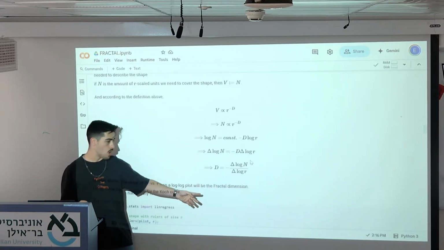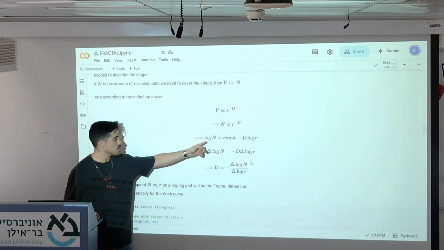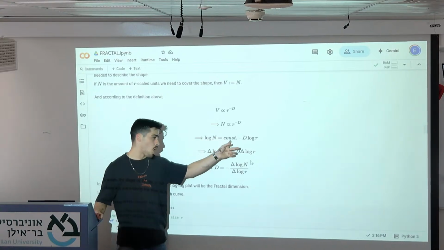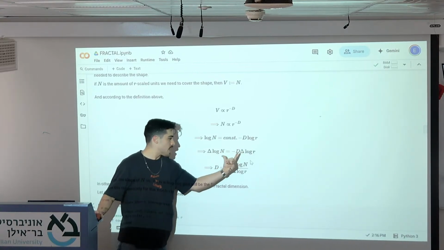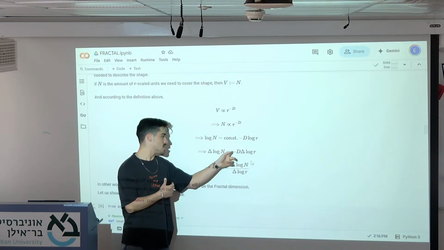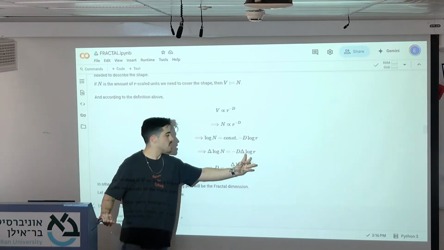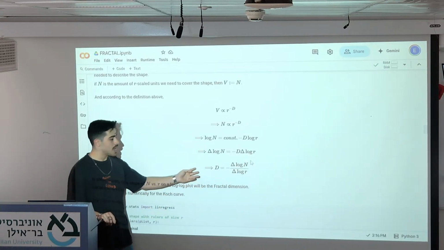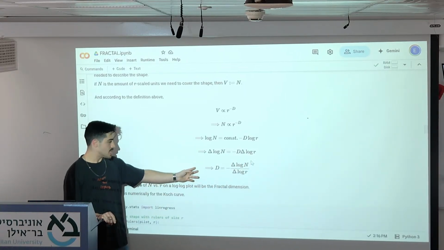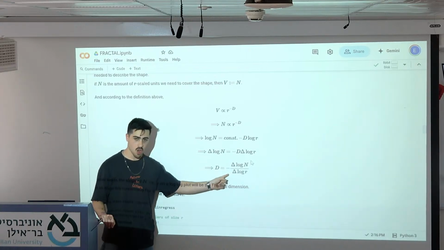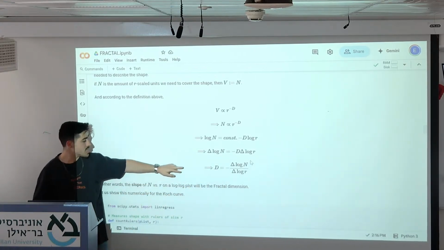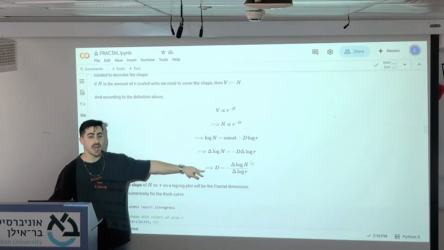You take the log of both sides of the equation, and you get that log n is some constant minus d log r. And if you take differences, this constant disappears. Then you divide by delta log r, and you get that d is negative delta log n over delta log r. So this is a very good way to find d.